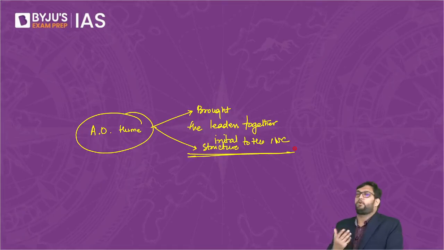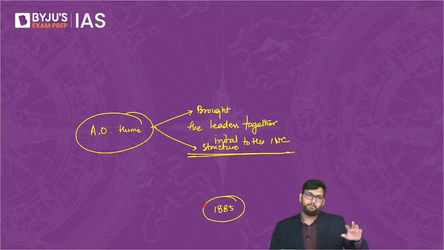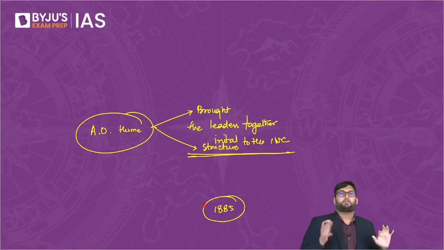When A.O. Hume forms the INC, he doesn't know that the same body is going to get independence for India. In 1885, when this body is created, no one knows what the future is. Maybe they will meet today, maybe they will meet tomorrow, or maybe they will not meet at all.